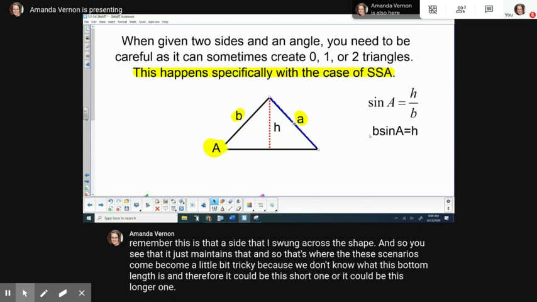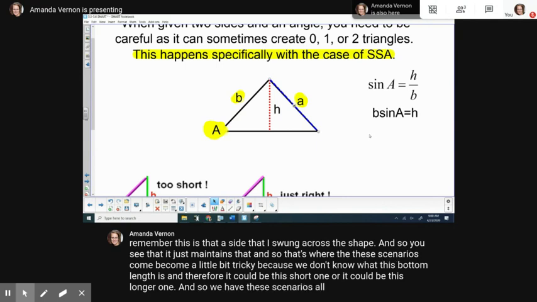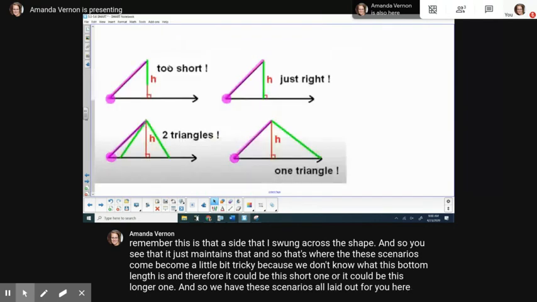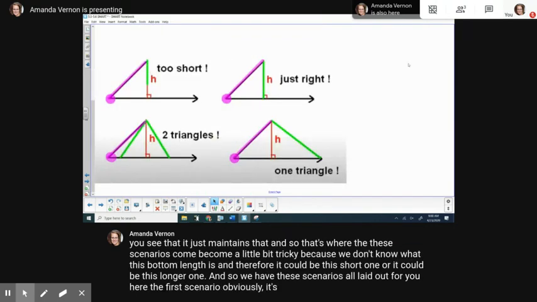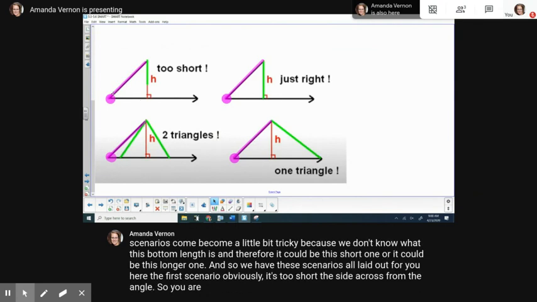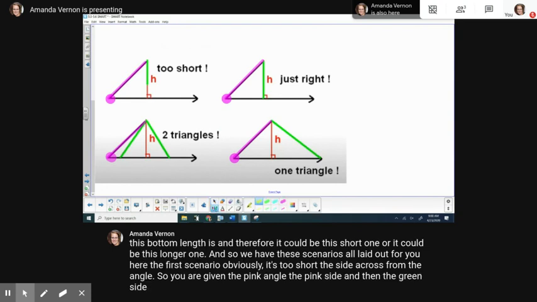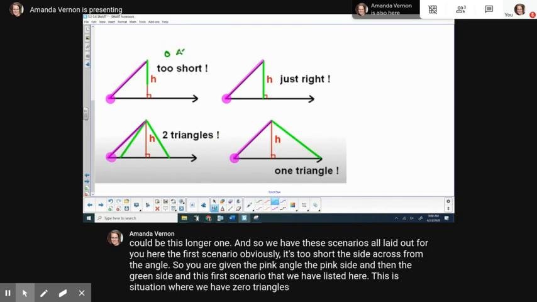And so we have these scenarios all laid out for you here. The first scenario, obviously, is when the side across from the angle is too short. You are given the pink angle, the pink side, and then the green side. This first scenario is the situation where we have 0 triangles, so no triangles exist.